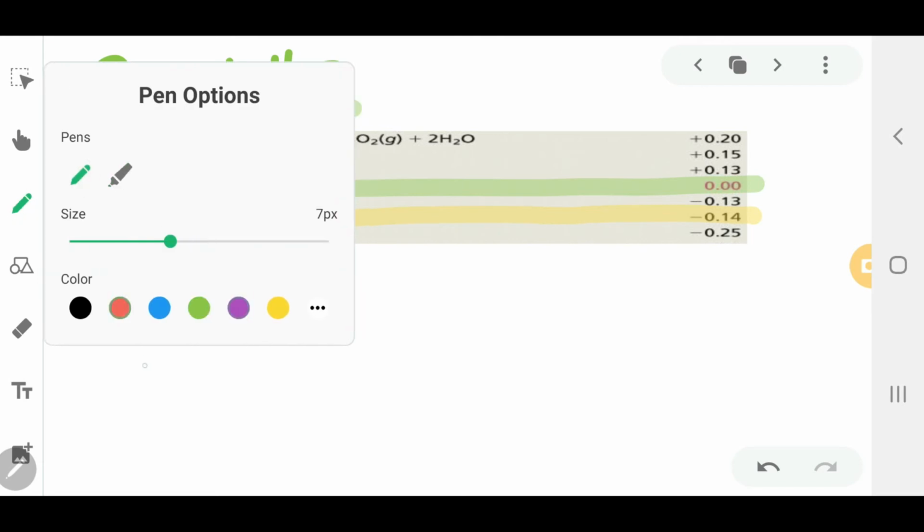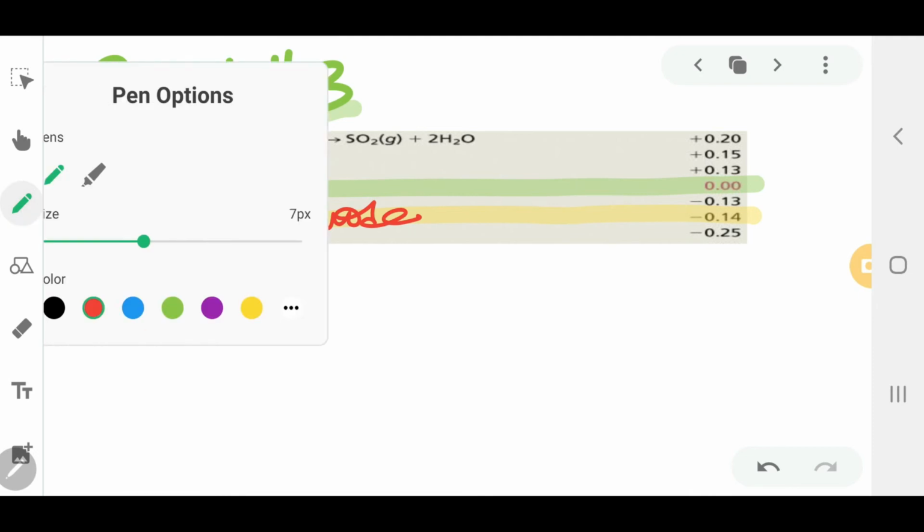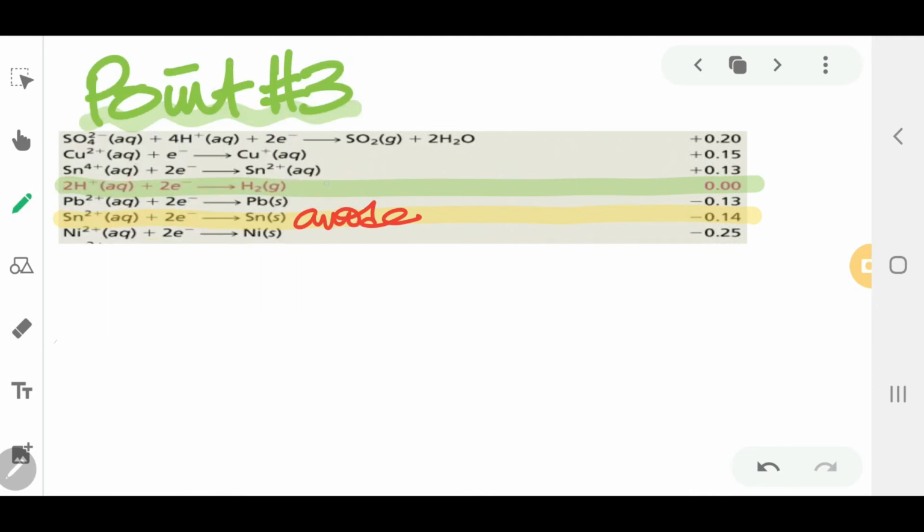The answer will be this. So you're gonna have this to become the anode, and this one will become the cathode. Okay, because the SRP value for the one I have highlighted in yellow is more negative if you compare with the SRP value of your hydrogen over here.